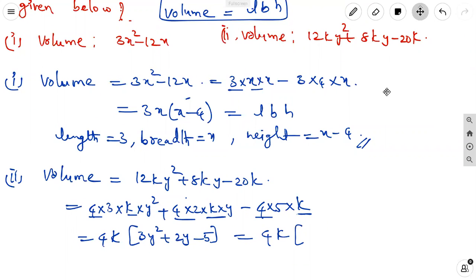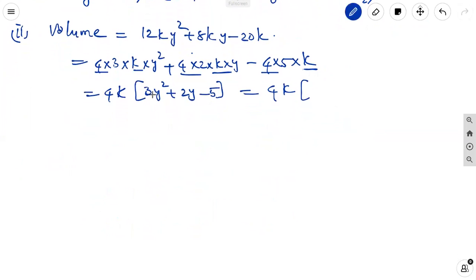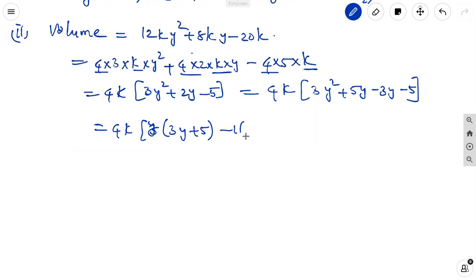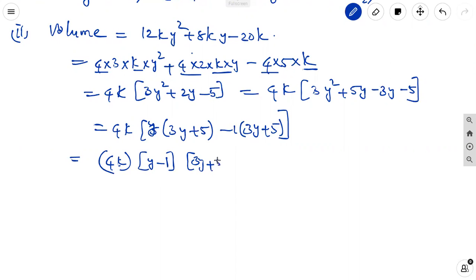Here 3y square plus 2y minus 5 can be written as 3 5s are 15, 5 minus 3 is 2. So it is 3y square plus 5y minus 3y minus 5, equal to 4k into y common, 3y plus 5, minus 1 common, 3y plus 5. 4k is one side, y minus 1 is another side, 3y plus 5 is one edge.